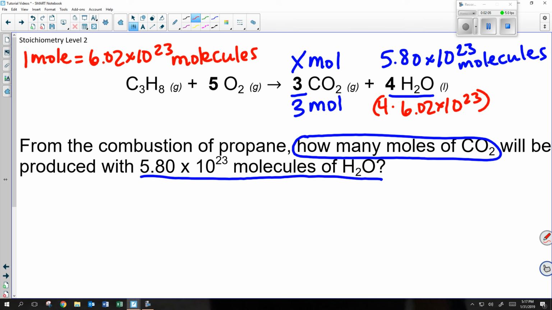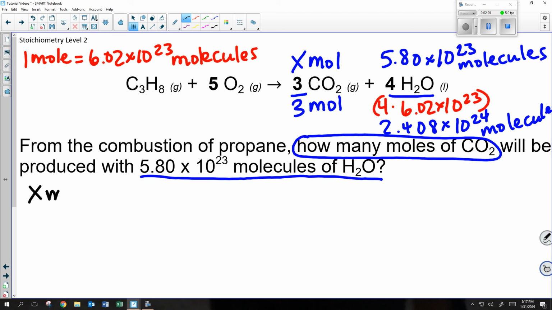When we calculate that, we get 2.408 times 10 to the 24 molecules. And that's how many molecules are in 4 moles of H2O.